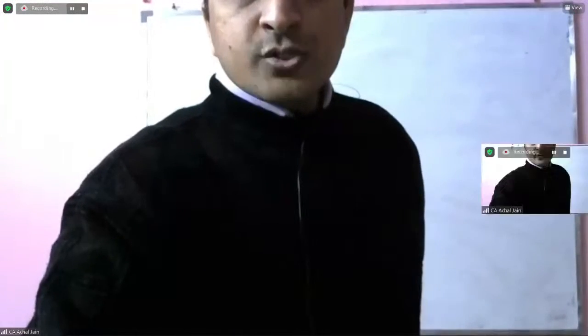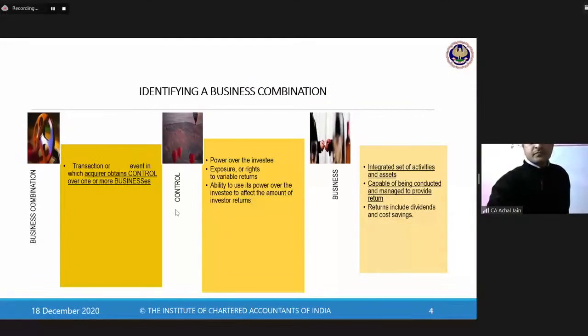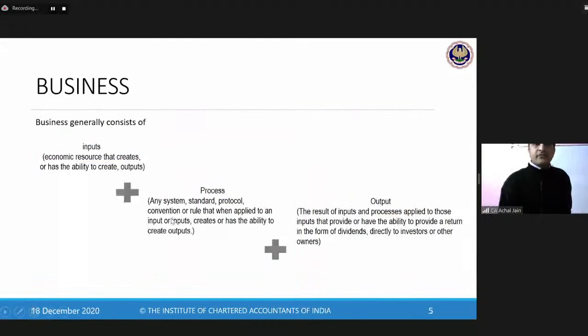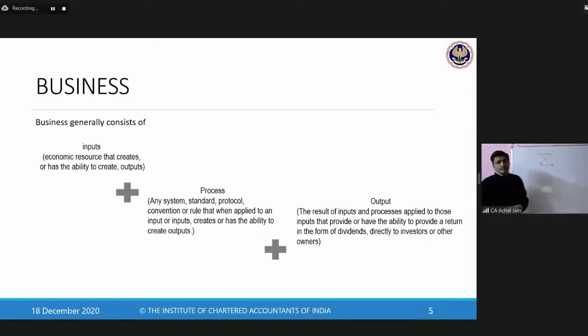Now, for a business to be there, there are three things which the standard requires: input, process, and output. The standard says that for a business to be there, we need to check whether there is any input or not, and whether there is any process or not, which will convert that input into output.